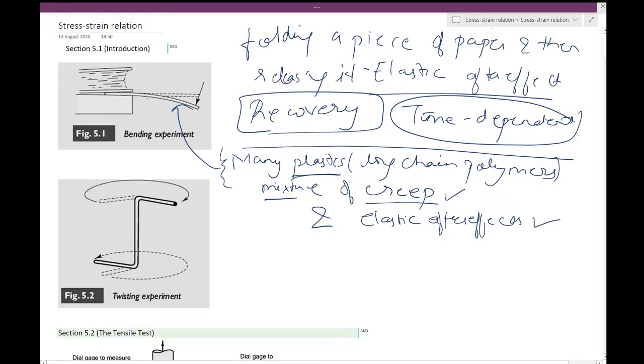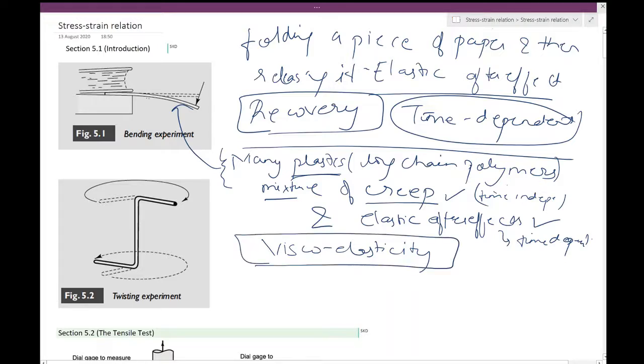So one of the things is this: creep was time independent, and this elastic after effect is time dependent. So this is called viscoelasticity. And what do you think a mixture of a time independent and a time dependent process is?